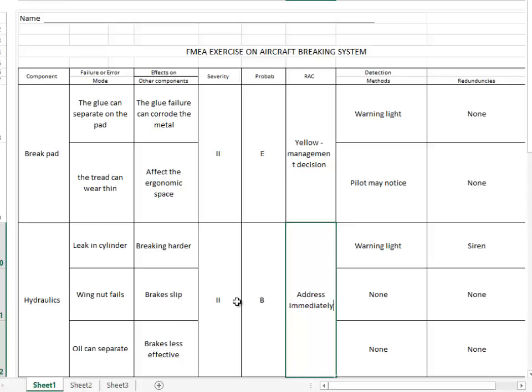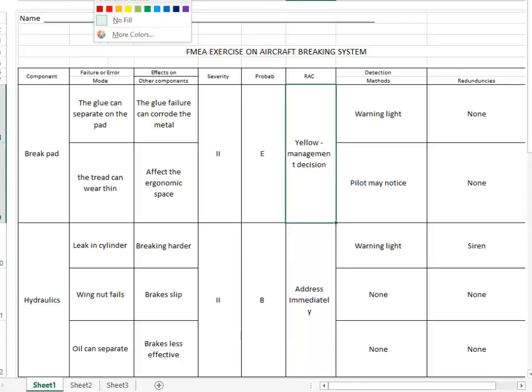But our risk assessment category is yellow. Let's just make it yellow for fun here. So, okay, that's yellow, which means management decision. That means that we really have to look into it a little bit more, look at our funds, and see if we find it to be a very important thing to do.